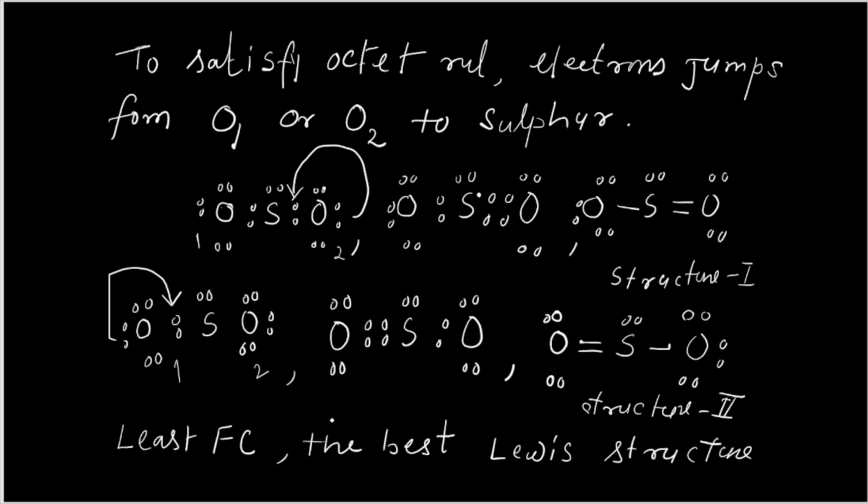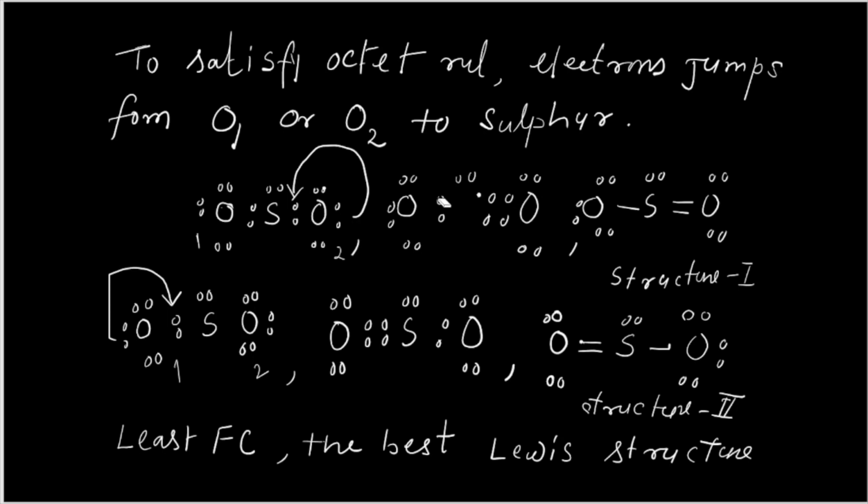Then next is least FC. FC means formal charge. One rule is there. What is the rule? Least FC, least formal charge, that is the best Lewis structure. So you will see which one has the lower formal charge. Then what to do?